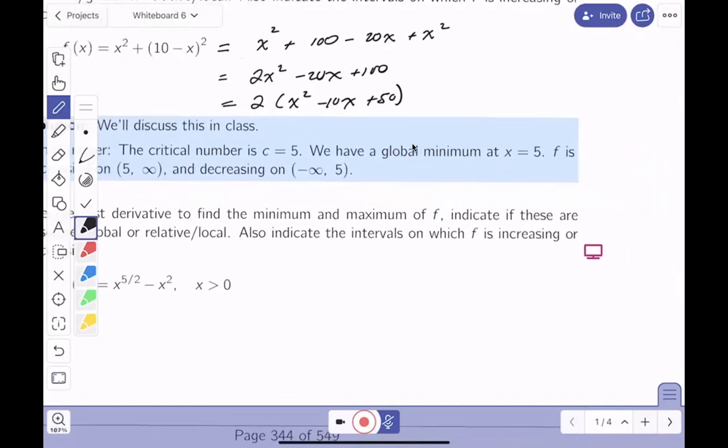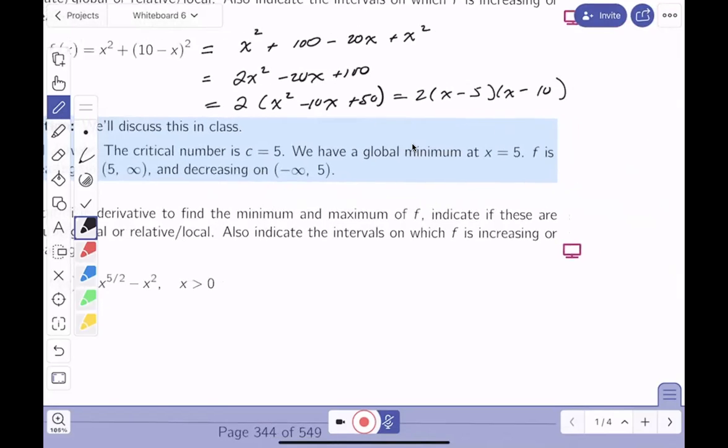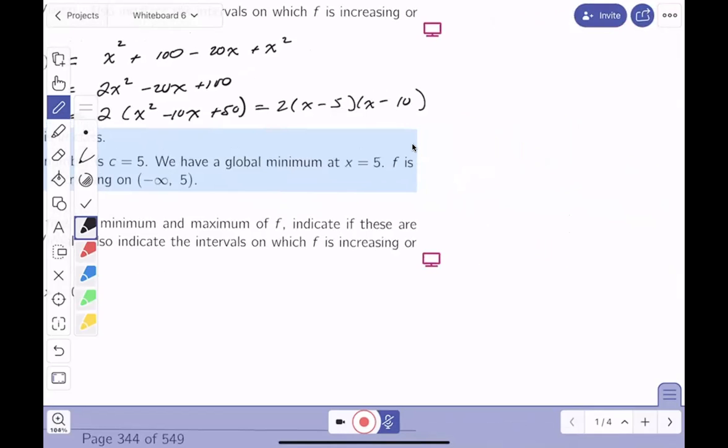Boy, I got to factor that, don't I? What do you get over there? You get 2x and x. This is what you would have done in Math 100, by the way. Probably 5 and 10, right? And then they'd ask you to graph it. Oh boy, that's going to be a lot of work, isn't it?